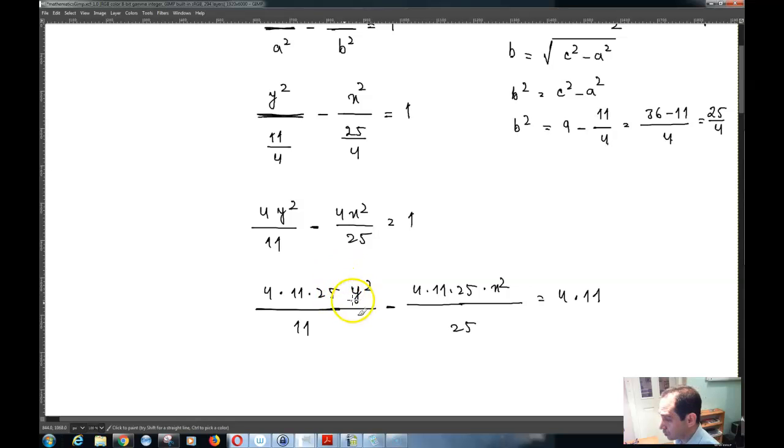So then 11 and 11 you can cancel out, 25 and 25 you can cancel out. 4 times 25 is equal to 100, so 100y squared minus 44x squared is equal to... this was 11 times 25, I'm sorry.